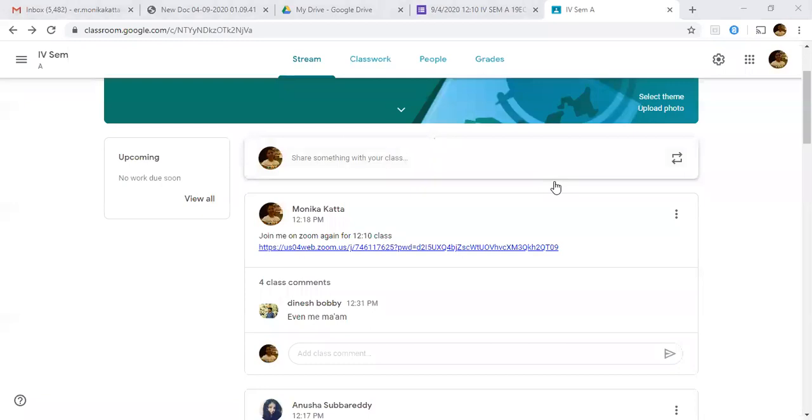Kuldeep and one more student are not able to join. They are asking for the meeting ID and password for the Zoom session. I have asked them to look in Google Classroom. You can directly click on the link I have shared and join. There is no need for a meeting ID and password. Ma'am, they can join, but this new security update will require you to allow them to join. Yes, I am allowing them; as and when they join, I get a notification and I allow them.